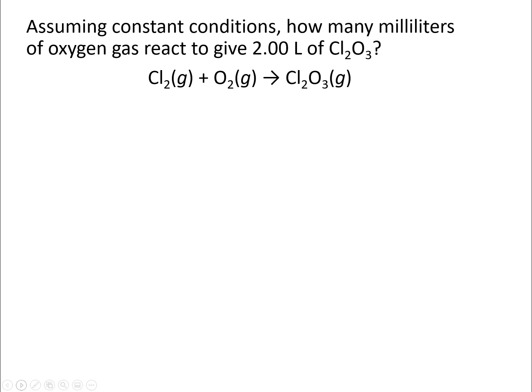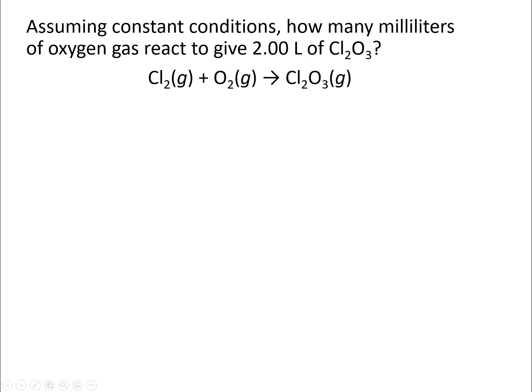Assuming constant conditions, how many milliliters of oxygen gas react to give 2 liters of this compound? So, dichlorine trioxide. You see that there's a chemical reaction here. But what did we say about stoichiometry? We have to have a balanced chemical equation.